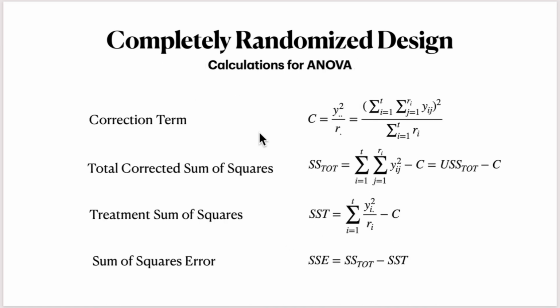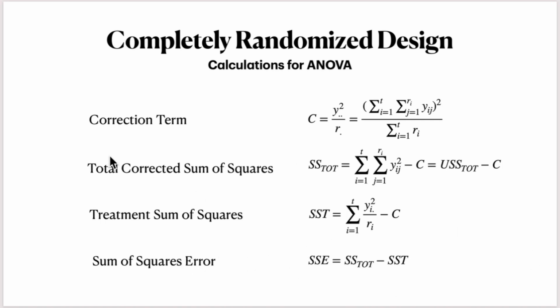So then what we have to do is square each of those totals, divide the squared total by the size of that particular sample, add those quantities up, and then from that subtract off this correction term. Once we have both the total corrected sum of squares and the treatment sum of squares, we subtract the treatment sum of squares from the total sum of squares to get the sum of squares error.